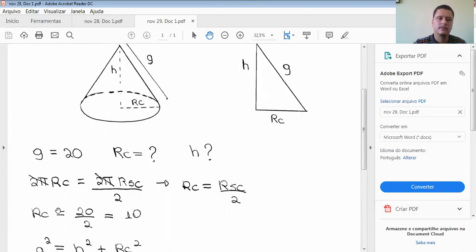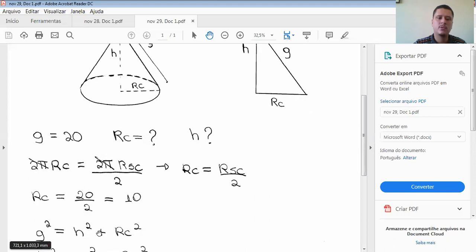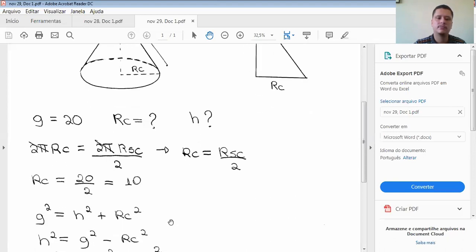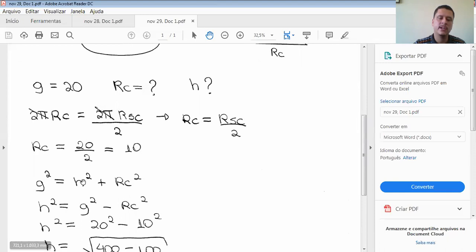So G squared equals H squared plus RC squared. Our variable of interest is H, so I'm going to pass this RC squared to the other side of the equation and change the sign. It becomes H squared equals G squared minus RC squared.